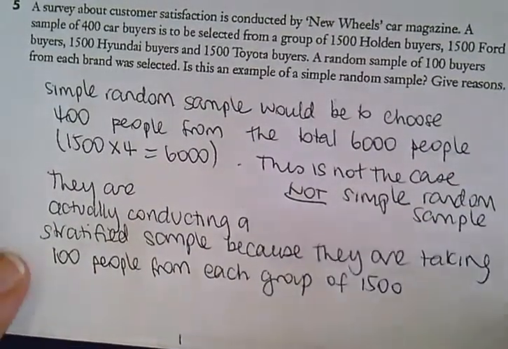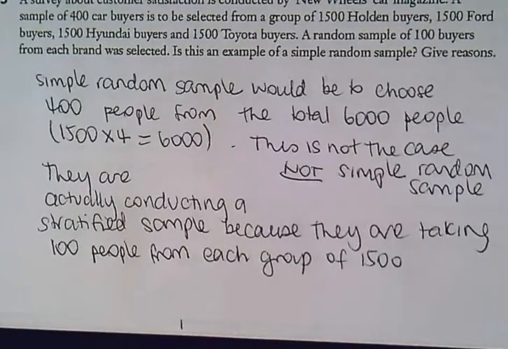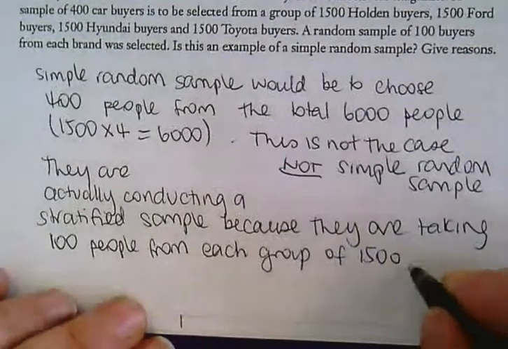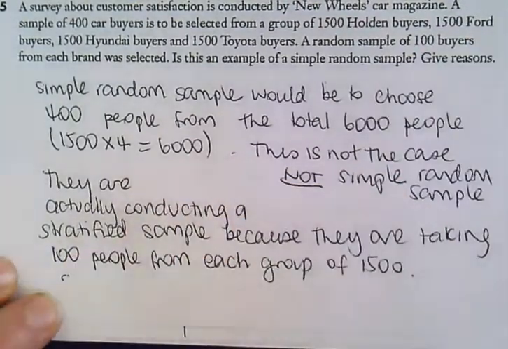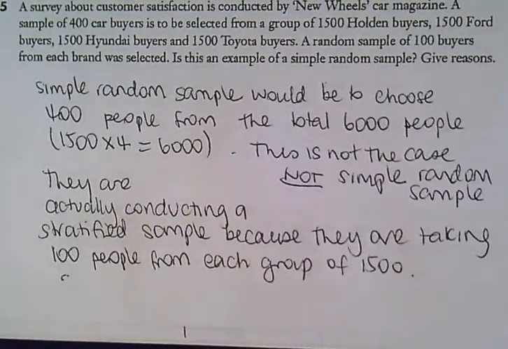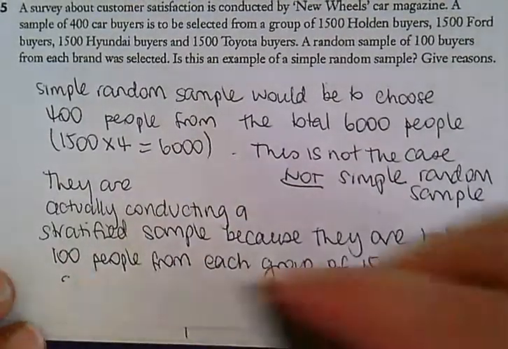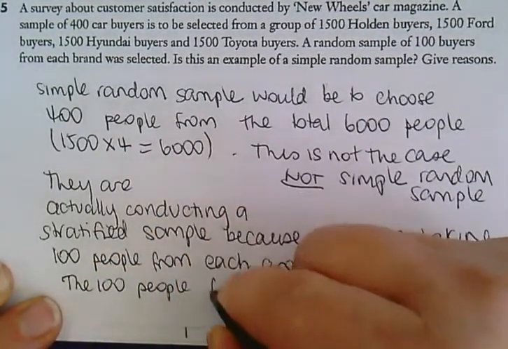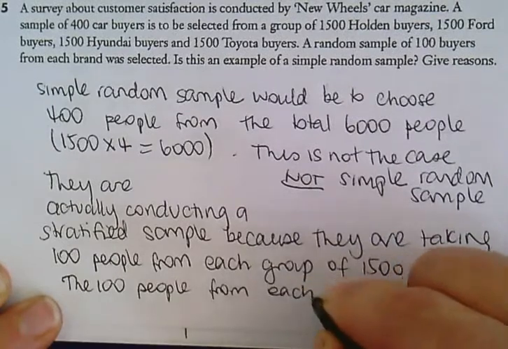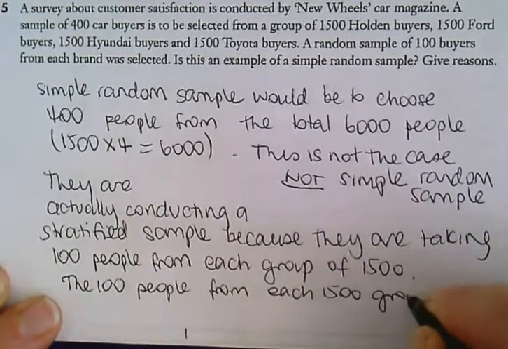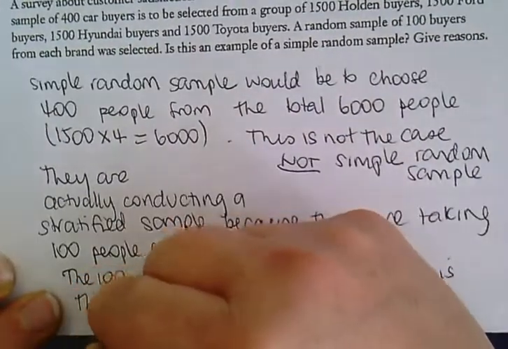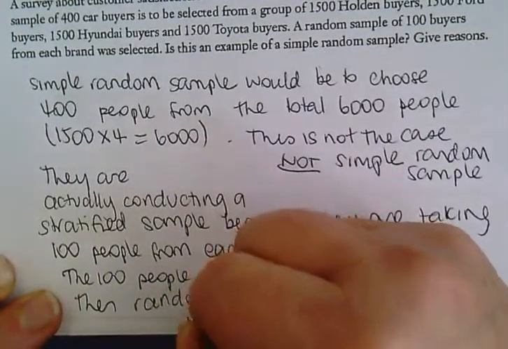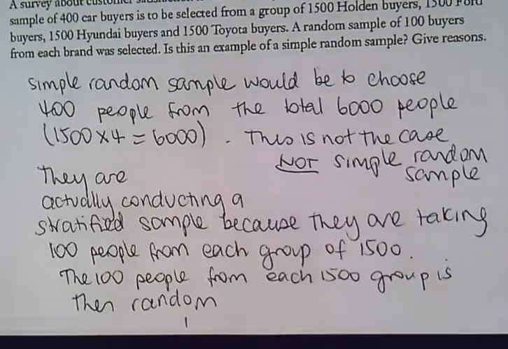But within that group, it is more than likely random. All right? So that bit's stratified, but the next bit is random. The 100 people from each 1,500 group is then random. So this is actually stratified on the first level, random after that. So it's not just simply random.